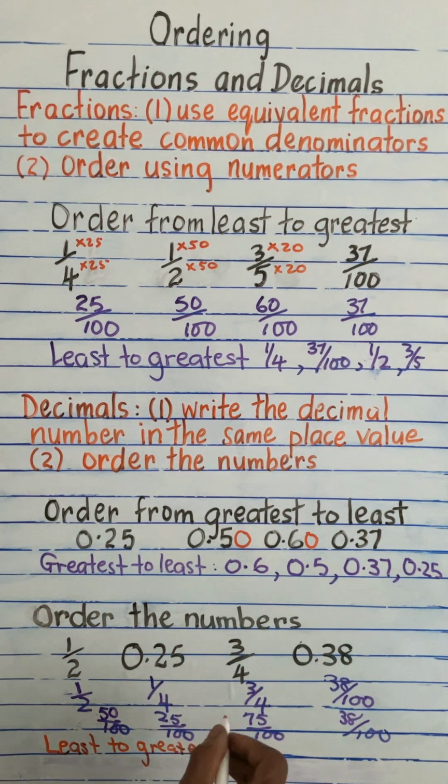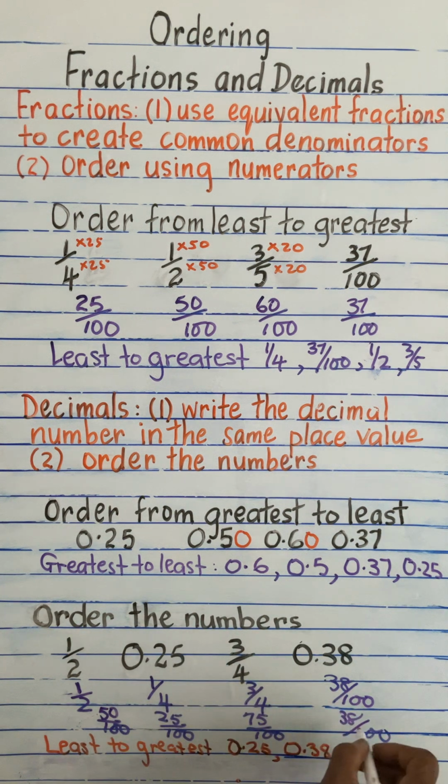So least is 0.25. Next, 0.38. Next, 1/2. And next, 3/4.